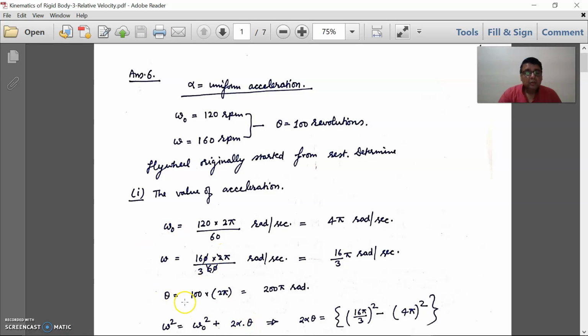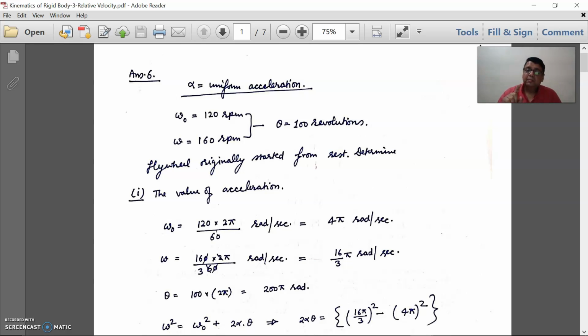Okay, but omega should be in radian per second, and in this case we have revolutions per minute, rpm, so we have to change it. How to change this value? Omega naught is equal to 120 revolutions multiplied by 2 pi upon 60, because it is revolutions per minute, and in one revolution how much angle? 2 pi.